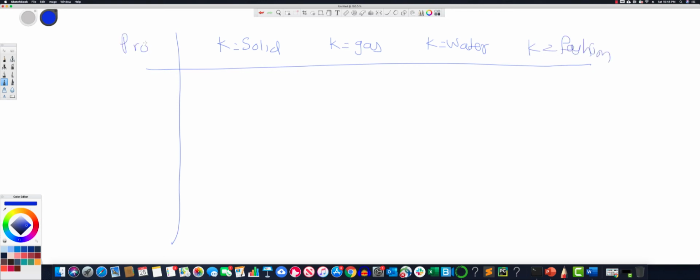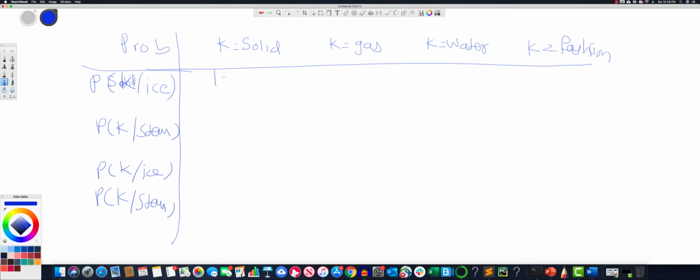And this is a probability distribution, and let's say this is the probability of K, steam, probability of ice. So these are the raw probabilities.